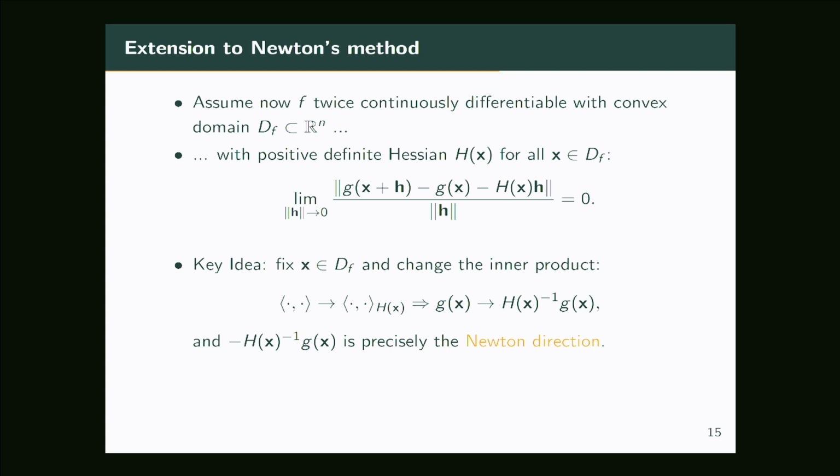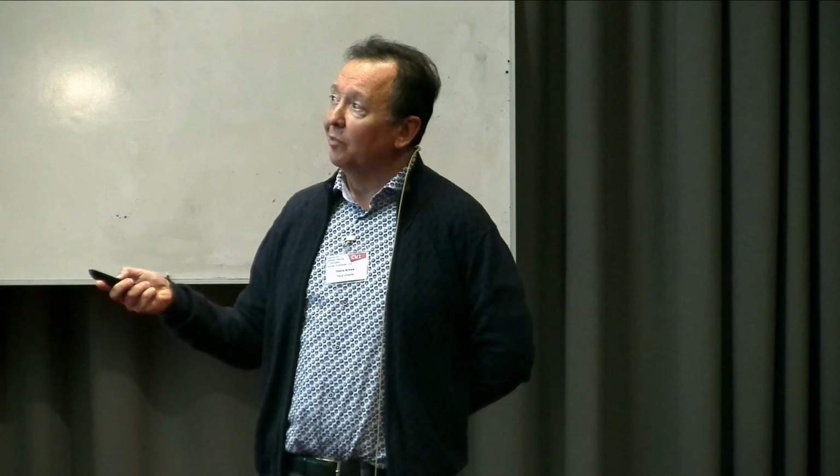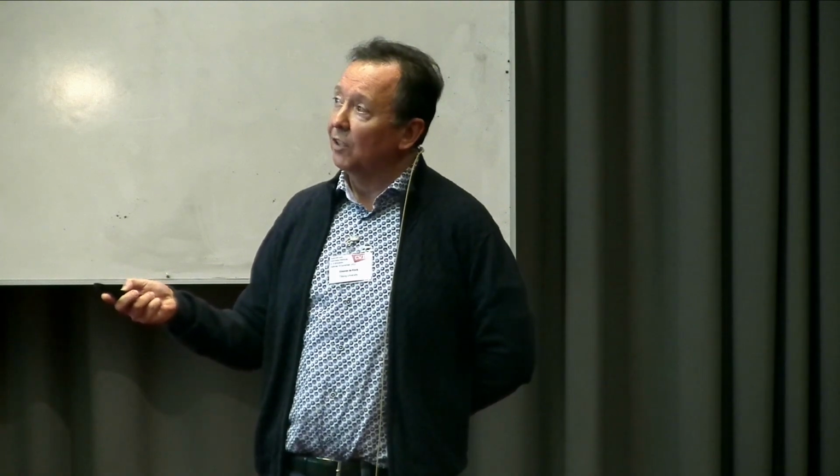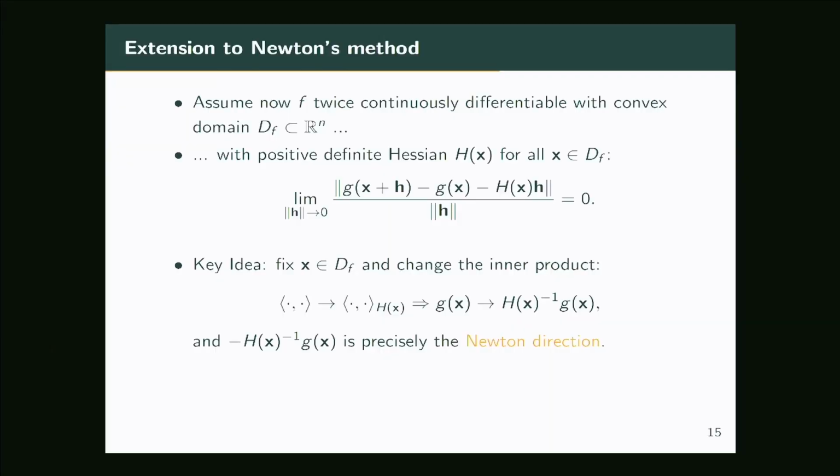What happens then is that the gradient changes to this operator, which was B inverse before, but our special choice of B is this Hessian at the fixed point. And if you look at this, this is precisely the Newton direction, but with a minus sign. So we can obtain the Newton direction as a special case of the gradient by just changing the inner product.